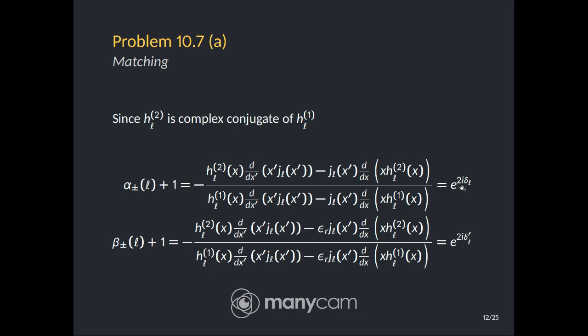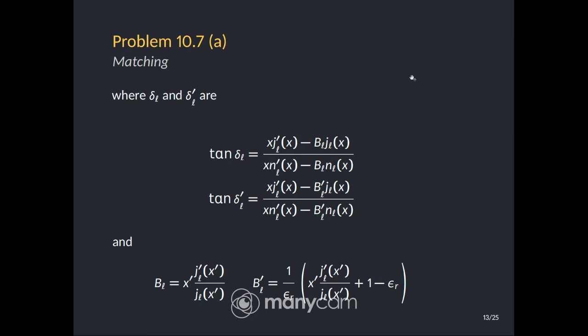We express this in terms of delta and delta prime here, where delta and delta prime obey the following equations. The tangent delta is equal to this, and tangent delta prime is equal to this, where BL and BL prime are coefficients, which you can express in terms of the Bessel function and its derivative with argument x prime.